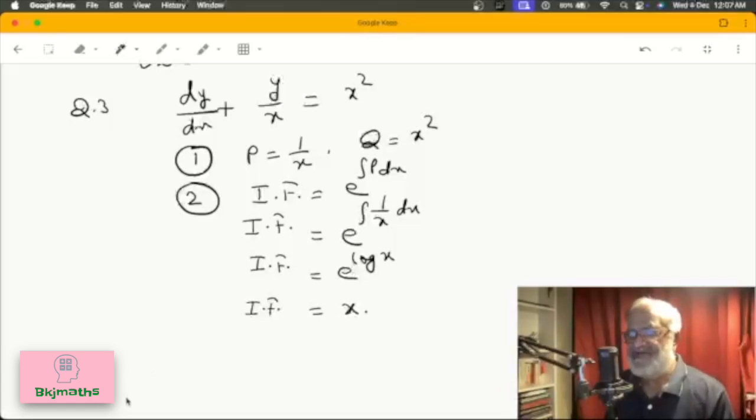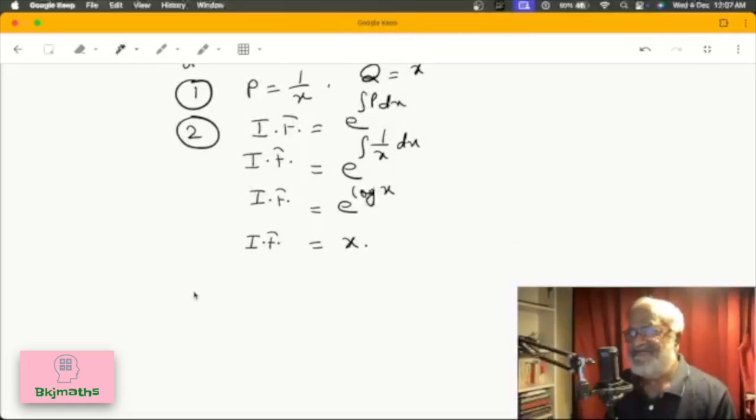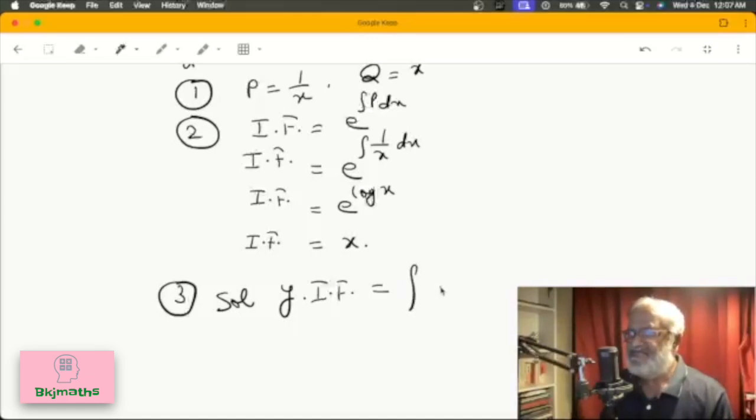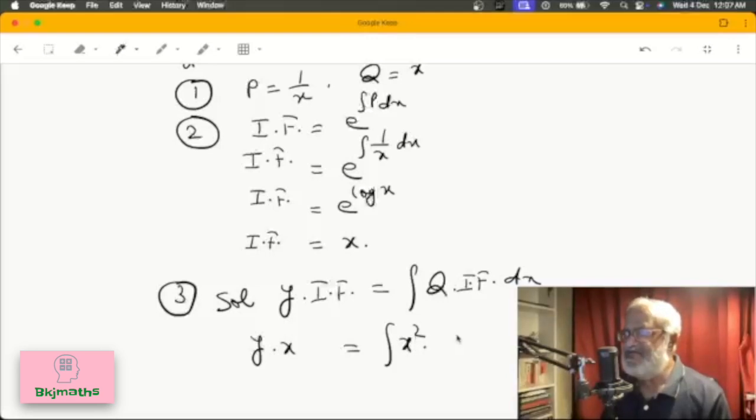Now step third, find the solution. Solution is y into integration factor equals to integration q into integration factor dx. So y into x equals to integration q, our q is x square, into integration factor x, dx.